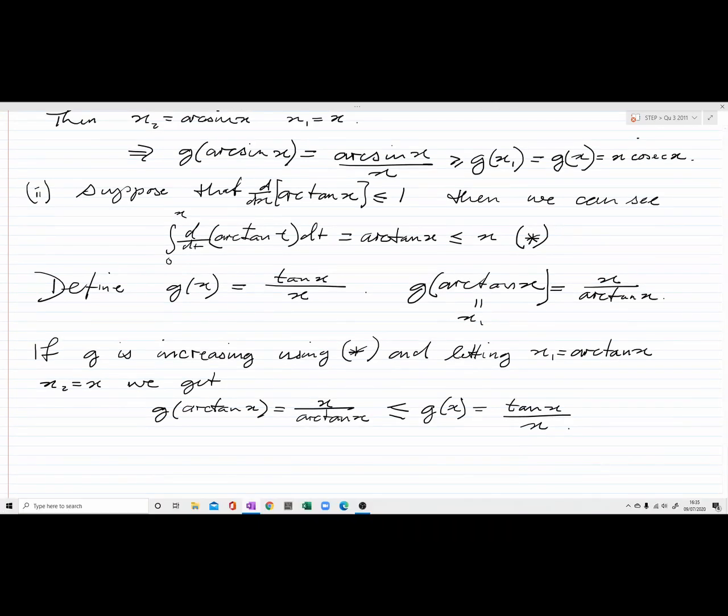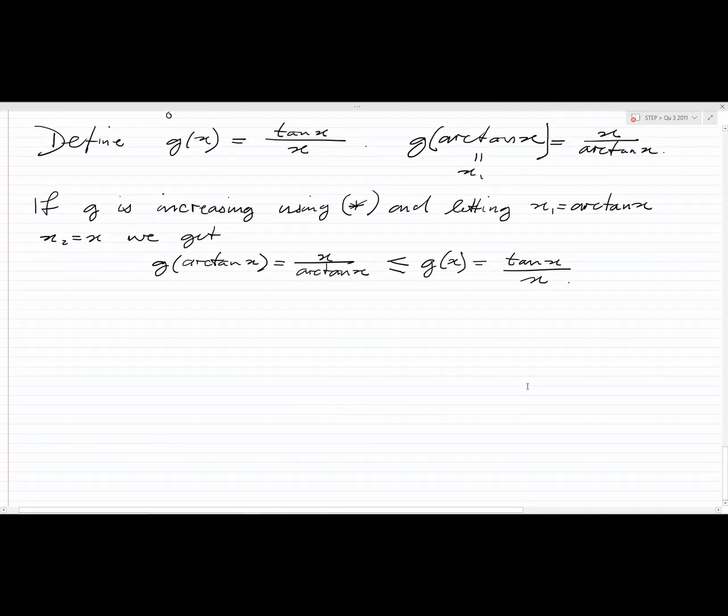Now, just looking at some algebra, we can see that we multiply this inequality, thus x over arctan x is less than or equal to tan x over x, which of course implies that x squared is less than or equal to tan x arctan x.